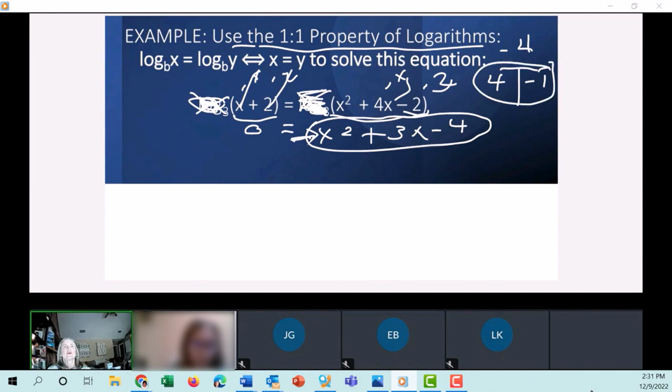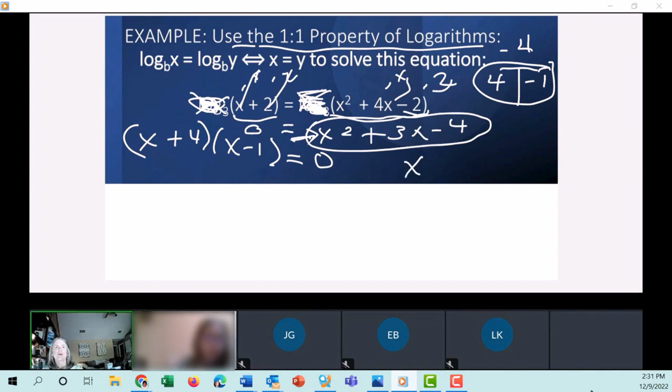And those factors are positive 4 and negative 1. So I have two binomials, x plus 4 times x minus 1 equals 0. Okay, very good, Chris.